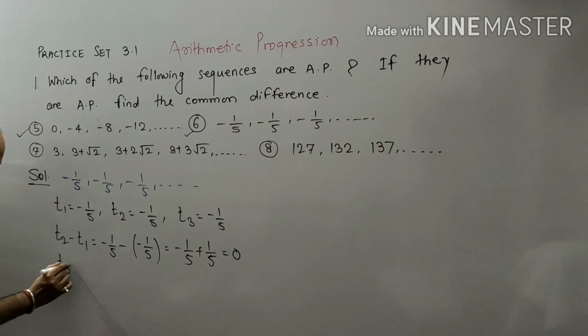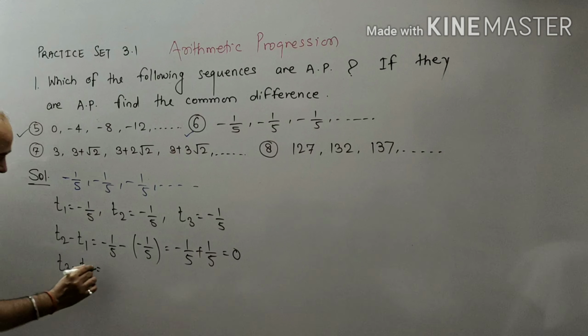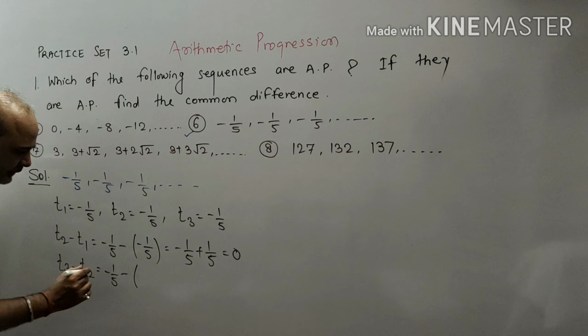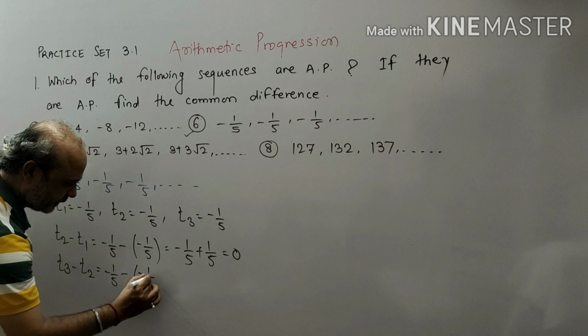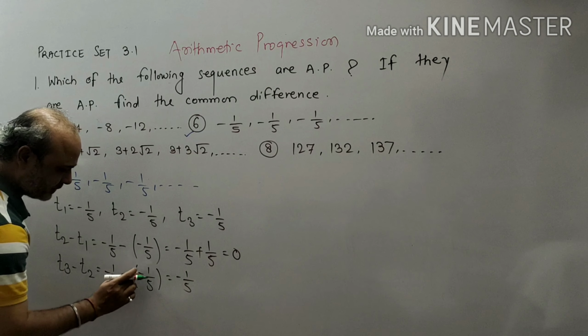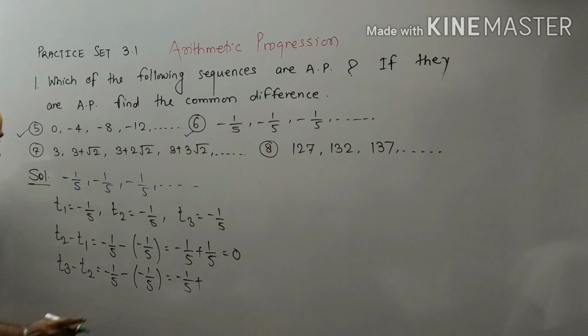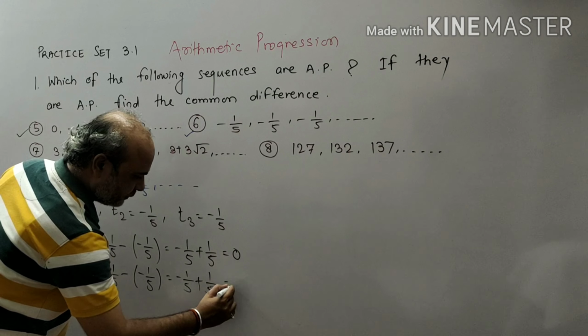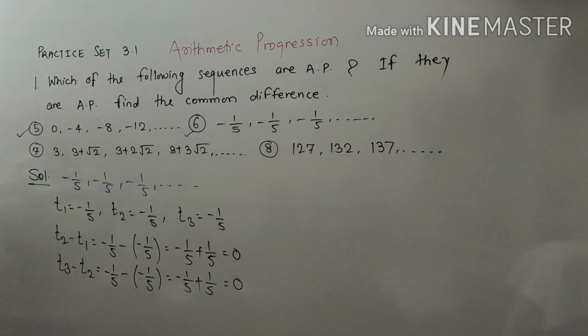Similarly, we will find T3 minus T2. T3 is minus 1 upon 5 minus T2, which is minus 1 upon 5. Minus minus becomes plus, so this will be 1 upon 5. So minus 1 upon 5 plus 1 upon 5 is 0.